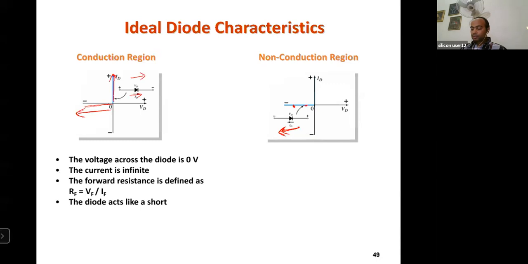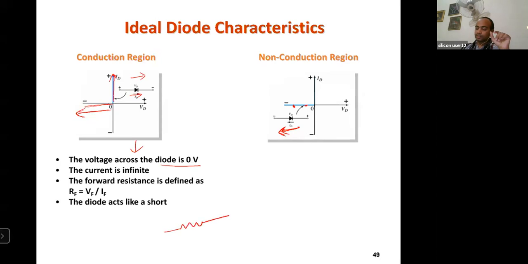Now those parameters are just theoretically written. For an ideal diode, the voltage across the diode is zero. Why? Because we are assuming the diode is short circuited, and short circuited means its resistance is equal to zero. So the voltage across it will also be zero, because you know that the voltage across any resistor equals the current times the resistance of that resistor.